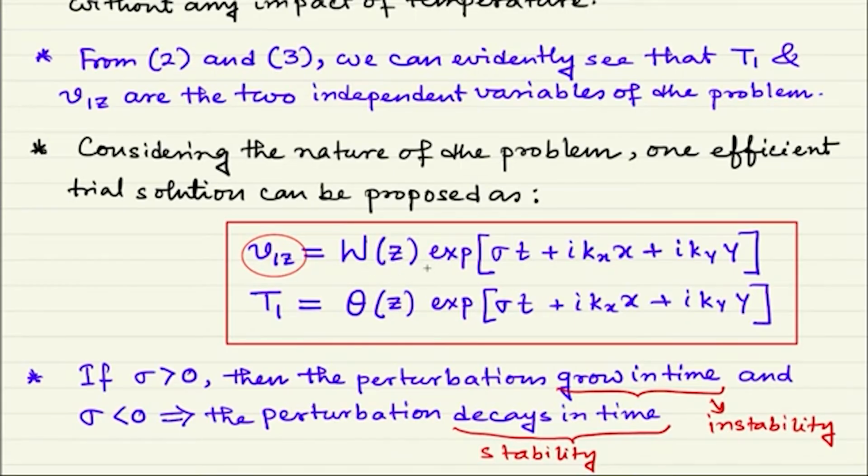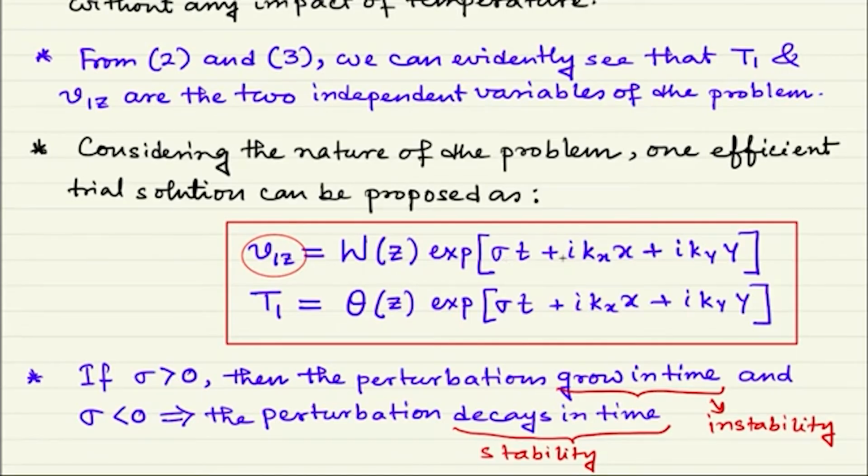So here we have simply written exponential sigma times t, the temporal dependence of the solutions, both for V1Z and T1. If sigma is real, there can be a possibility of instability, either growing or decaying. If sigma is imaginary, then in time it will be oscillatory.